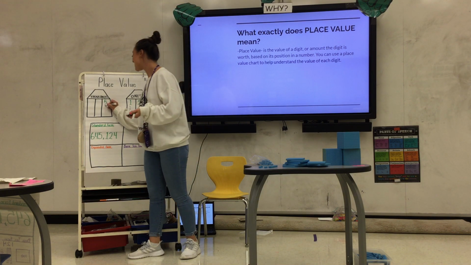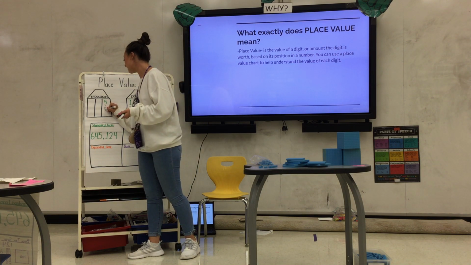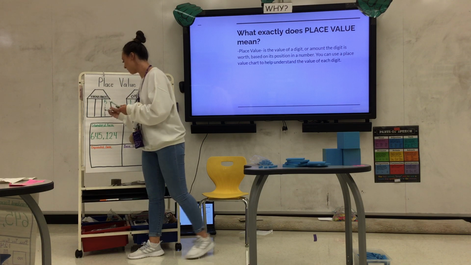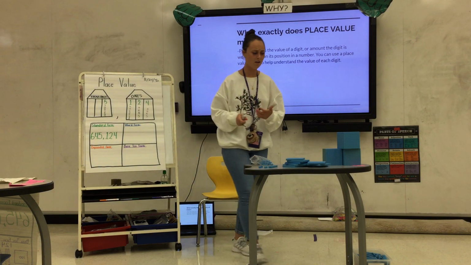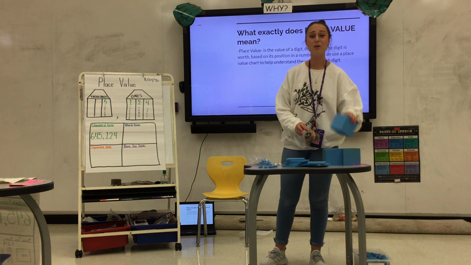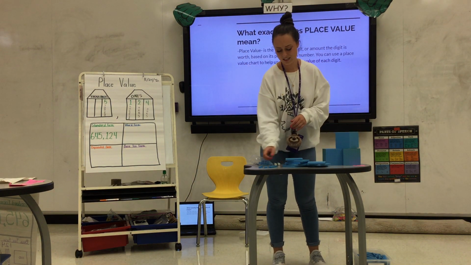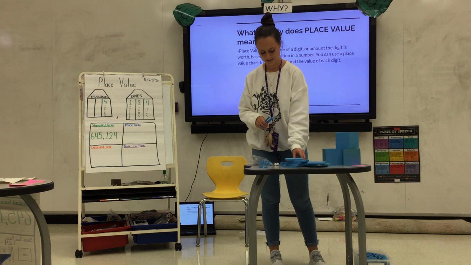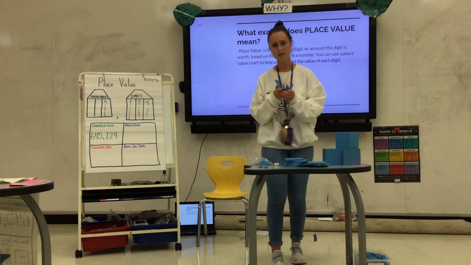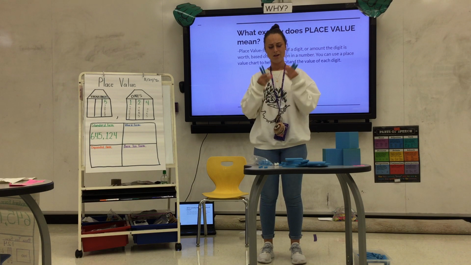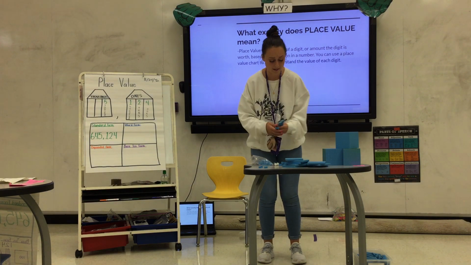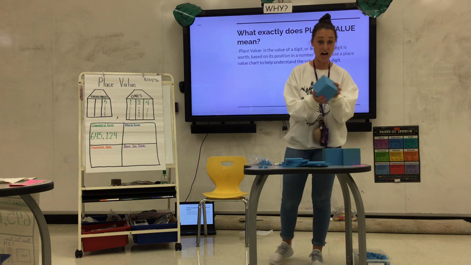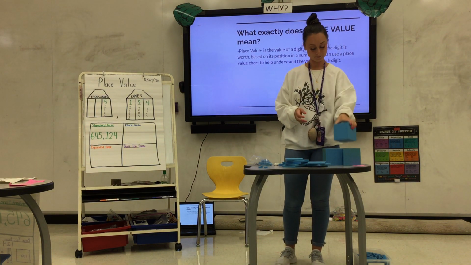Oh, the thousands. Thousands place value. Okay? So now, would I just need 5 of these little guys? No, because that doesn't equal 5,000. I would need 5 of these.